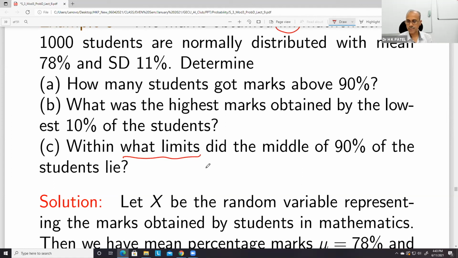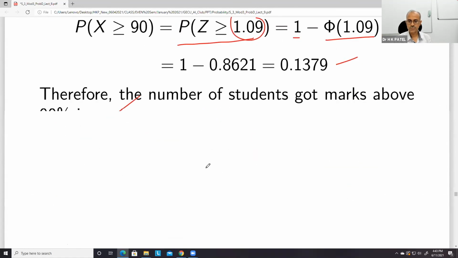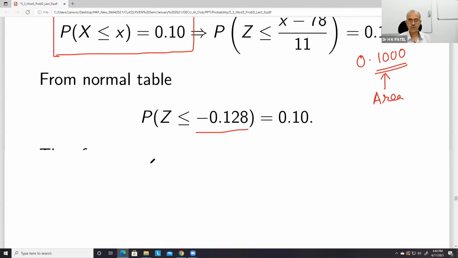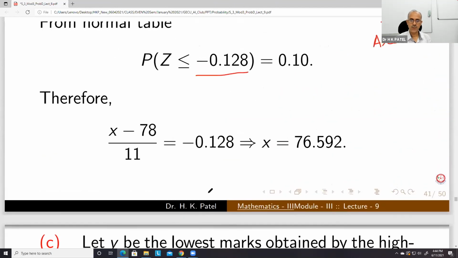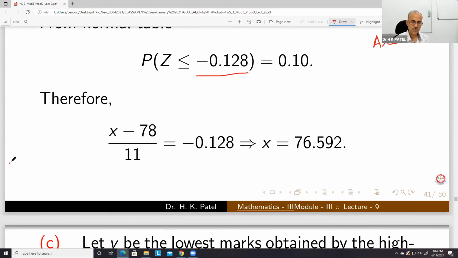So let y be the lowest marks obtained by the highest 10% of the students. In part B we obtained the maximum marks of the lowest 10%, where this is 10 and this is 90.